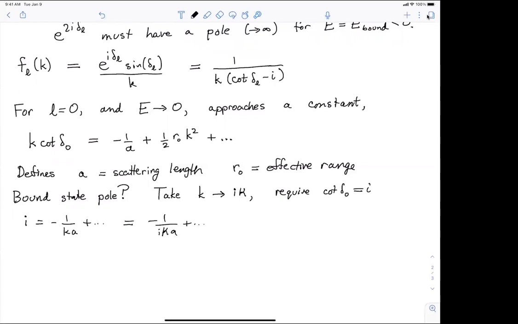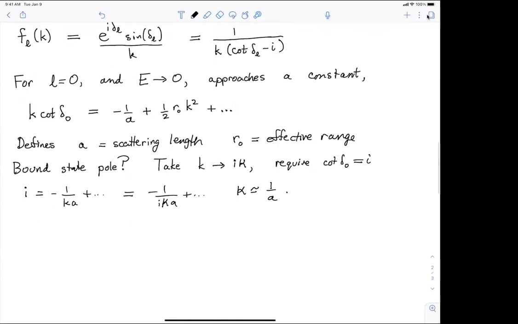And so that equation is solved if kappa is approximately 1 over a. So that tells us to have a bound state pole, we need the scattering length a to be positive.